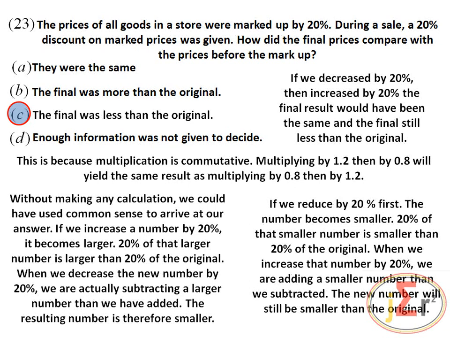So if we are adding a smaller number than we have subtracted, the new number will still be smaller than the original. So we could have used our common sense and arrived at the answer. And the final will still be less than the original, irrespective of how we have progressed.